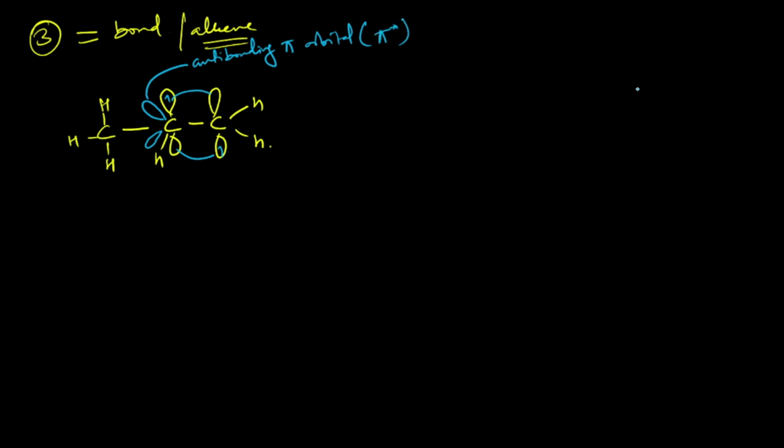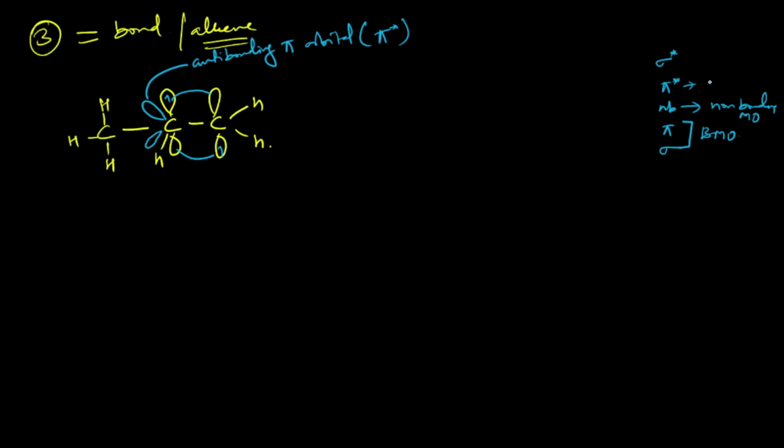From where did it come? In MO, you know the sigma bond, pi bond, non-bonding, then pi star, which is anti-bonding, then sigma star, which is anti-bonding, right? These two are bonding molecular orbitals. This is non-bonding molecular orbital.